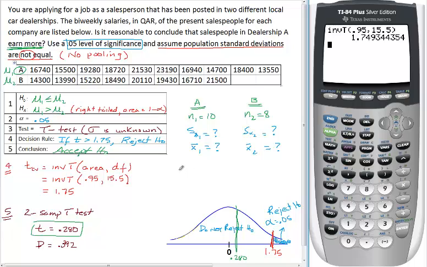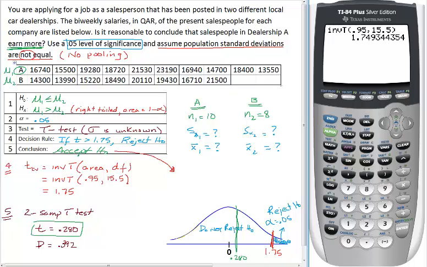Now, accepting the null hypothesis means what? Let's go back to our question. Is it reasonable to conclude that salespeople in dealership A earn more? So we've shown no, right? That's not the case.